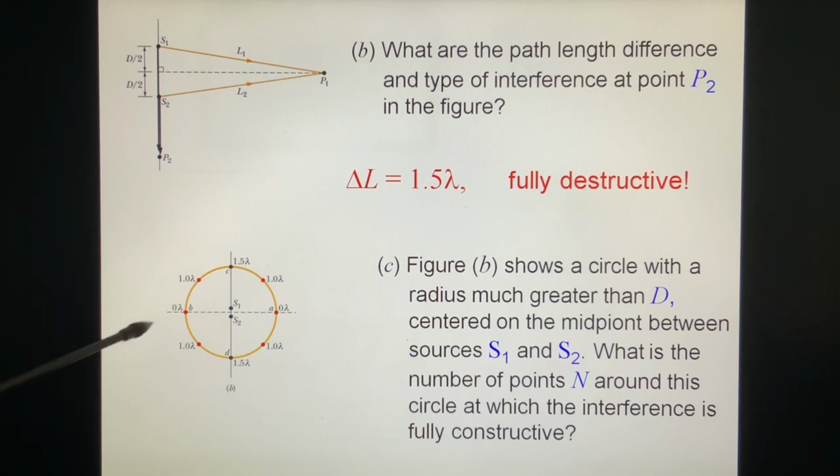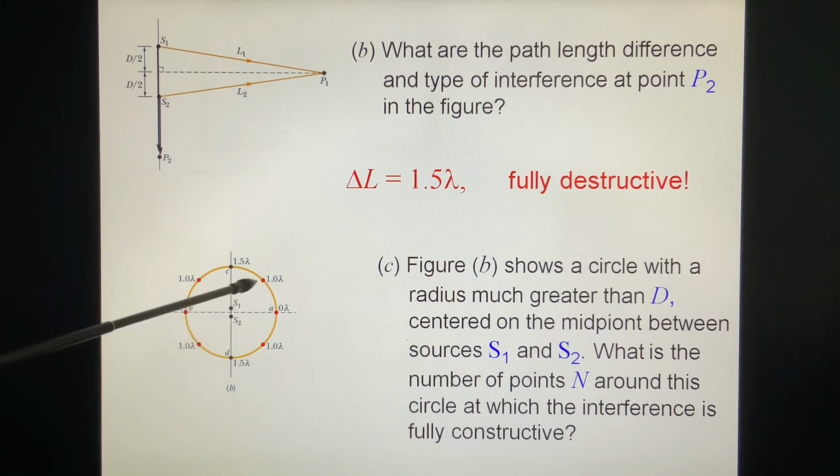As we calculated, these two are always fully constructive. At these two, the path difference is 1.5 lambda, so this is 0, this is 1.5.